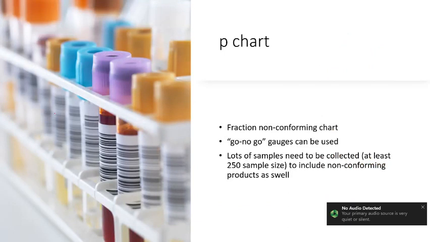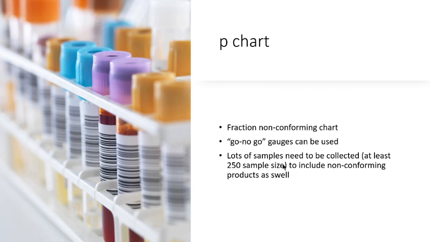As I said, we have the fraction, and then we can use the go and no-go gates for our case. But for the p-chart, we need to use lots of samples, at least 250 sample size.